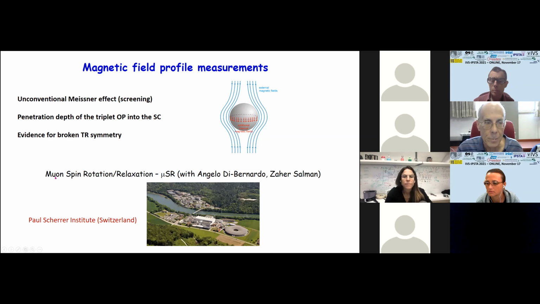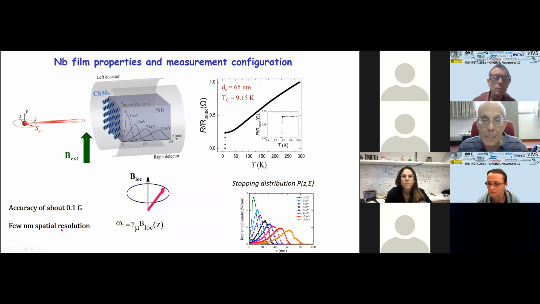So for this, we use muon spin rotation relaxation, muSR. This was done in collaboration with Angelo Di Bernardo and Zaher Salman from PSI, the Paul Scherrer Institute. We're not going into the details of the muSR measurements. Just the geometry: we apply a magnetic field parallel to the surface.